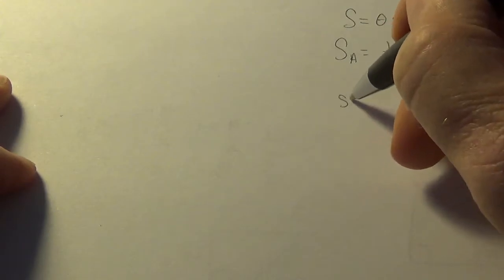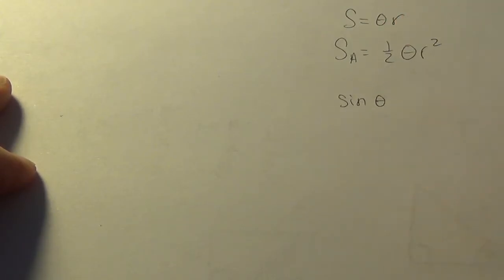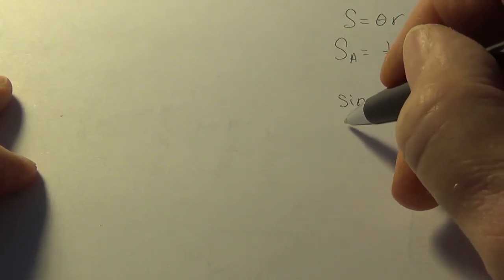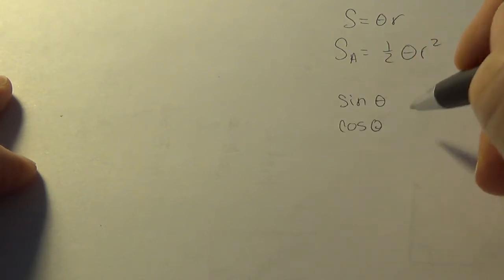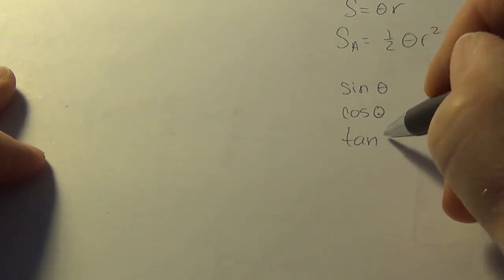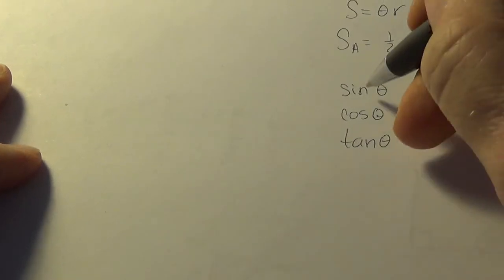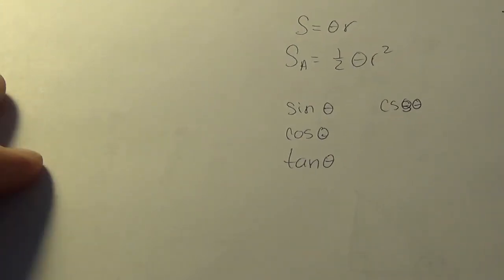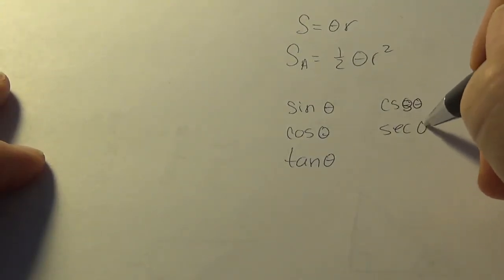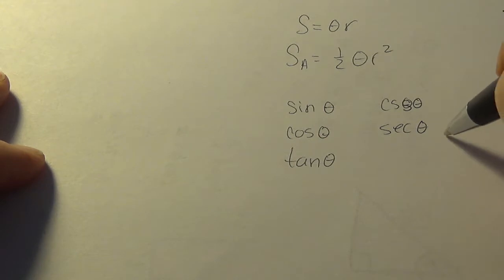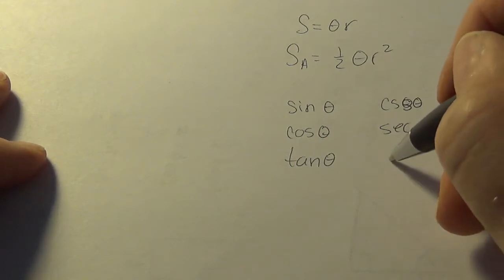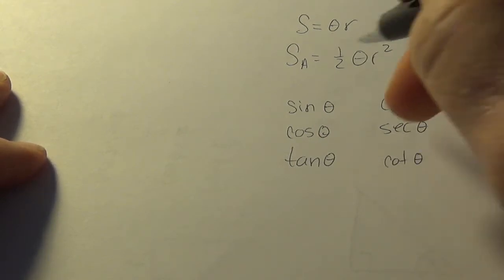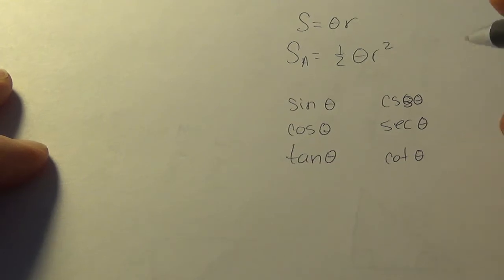We need to know sine is opposite over hypotenuse, cosine is adjacent over hypotenuse, tangent is opposite over adjacent, and the flips of those. Cosecant would be hypotenuse over opposite, secant would be hypotenuse over adjacent, and cotangent would be adjacent over opposite.